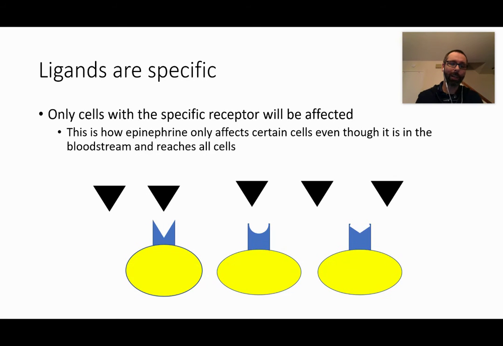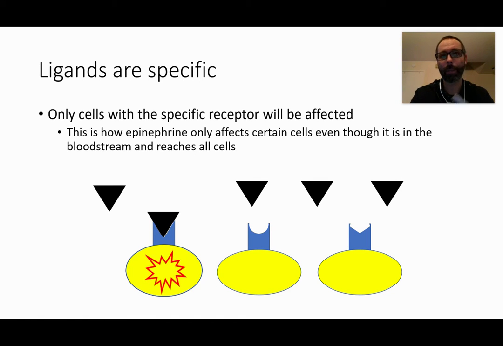There are also lots of different receptor proteins. Now, not all cells have the same receptor protein though, right? How is it that epinephrine can travel through your entire body, but only affect certain parts of your body? Well, of course, the muscle cells that need to receive the epinephrine so that they will turn the glycogen into glucose have the right receptor for epinephrine.